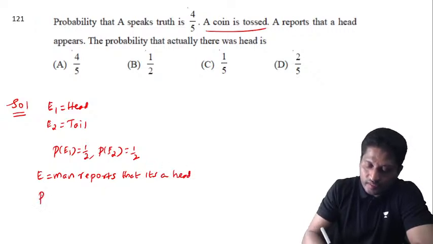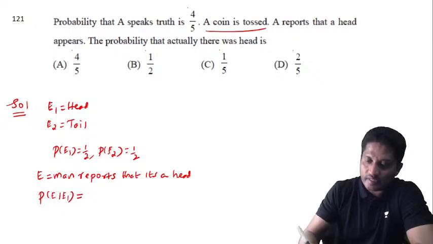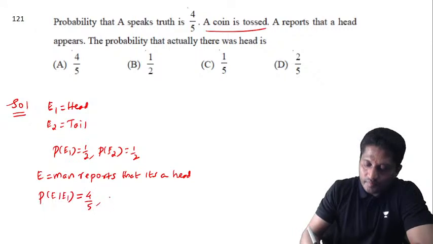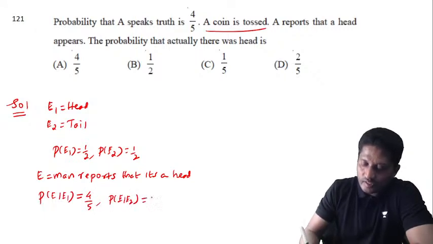So P of E given E1: the man reports that it's a head and it's actually a head. So he speaks the truth, that is 4 by 5. P of E given E2: the man reports it's a head and it is not a head, which is equal to 1 minus 4 by 5, equal to 1 by 5.